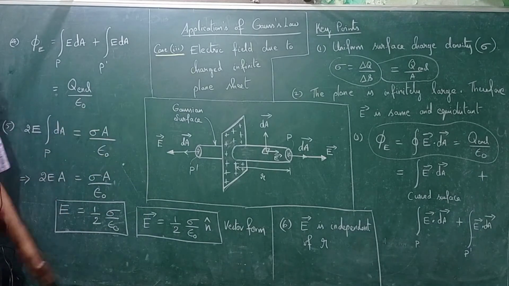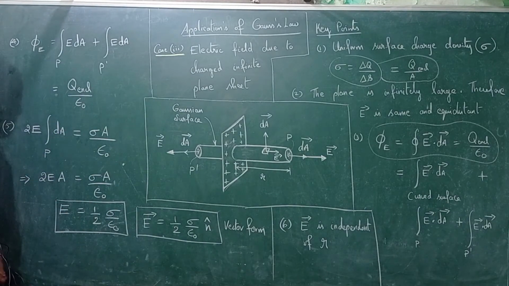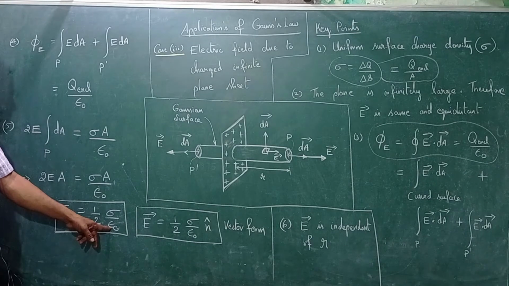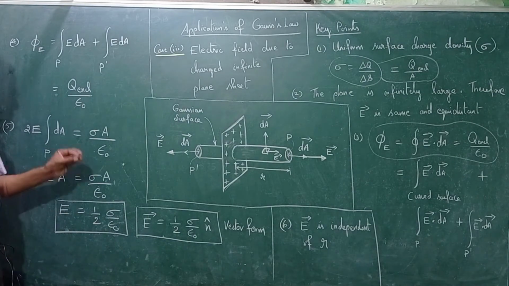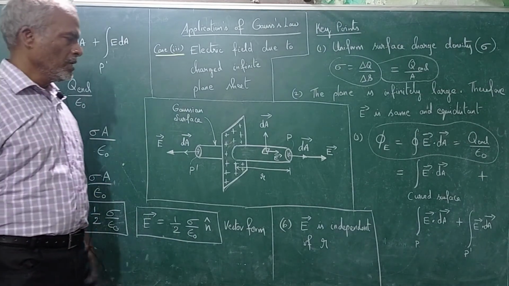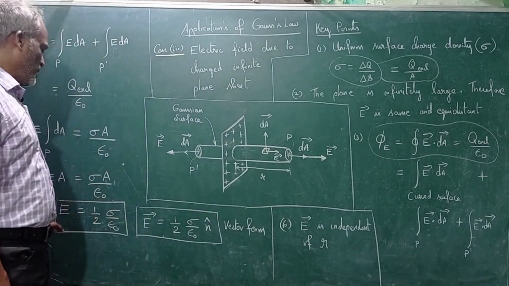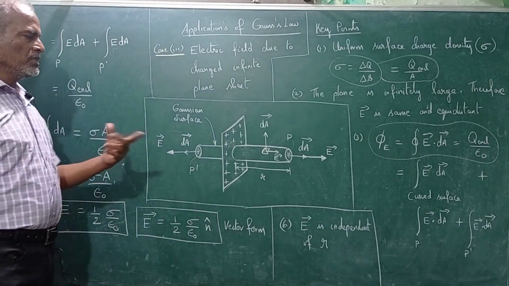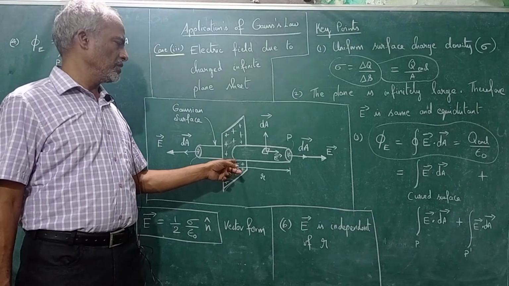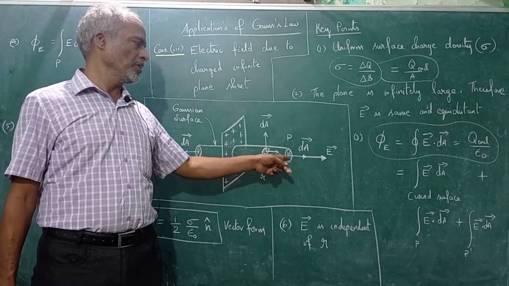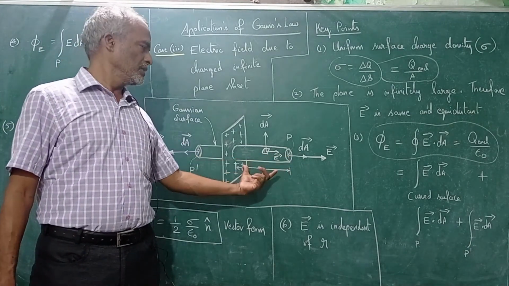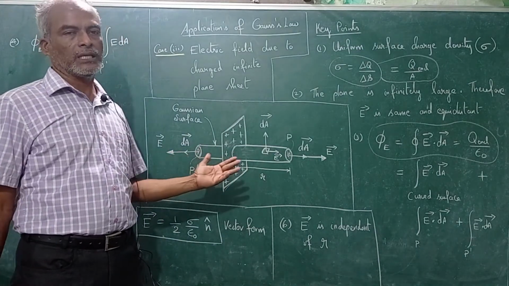Sigma is the uniform surface charge density and epsilon naught is a constant. You all know that the value is 8.854 into 10 power minus 12 farads per meter. The important observation is that this E vector is independent of r. You don't see any r in this relation. What is r? R is the distance between the infinitely charged plate and the point of consideration P. On this side also, the same distance r.